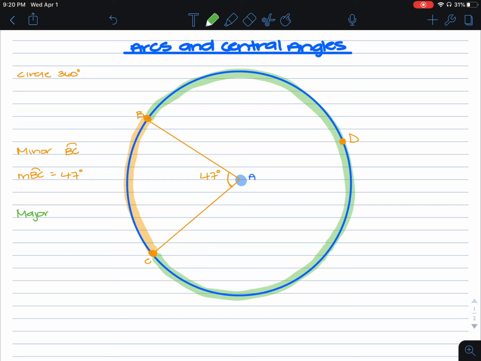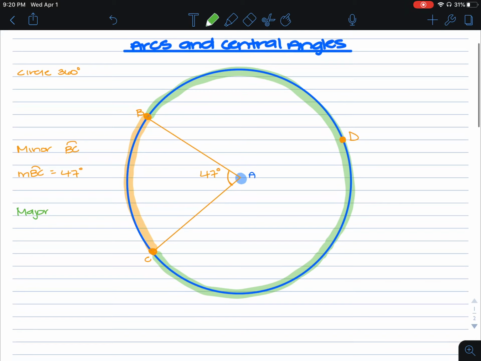Typically, major arcs are labeled with three letters. So I would go in order. To get from B to C, I didn't go this way, right? That would be my orange, that's my minor. I actually went around this way, so go in order. First I see B, then I see D, then I see C. So the name of that green is BDC, again with that arc on top.